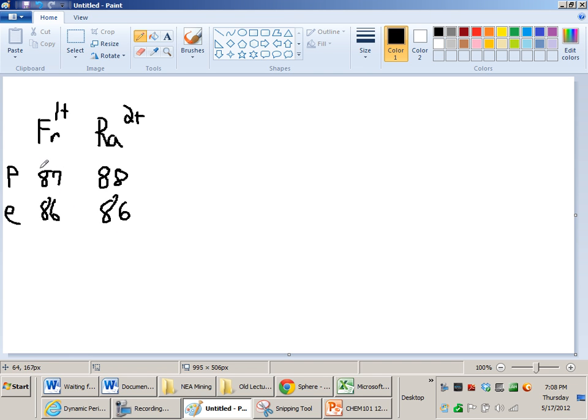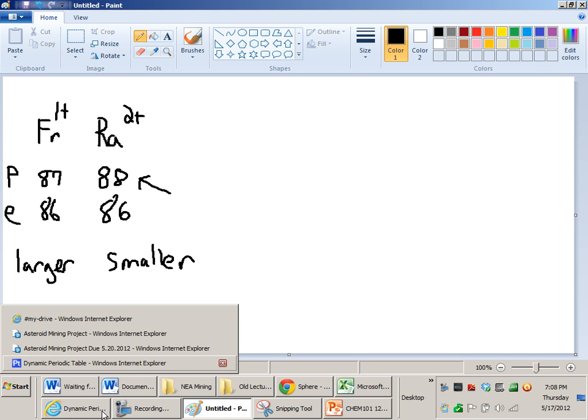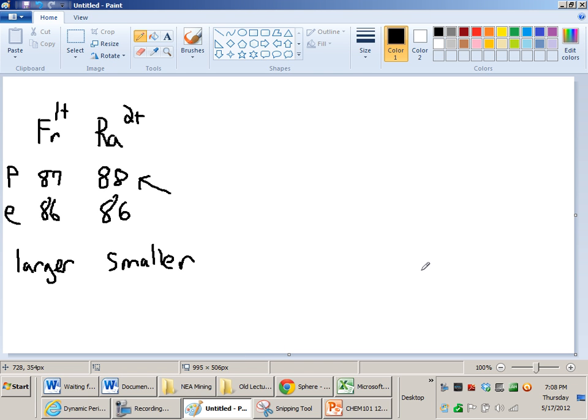The ones that have 87 positive charges or 88 positive charges to see? More positive charges, it's going to attract the electrons more. So this one's going to be smaller, and this one's going to be larger. So that's pretty straightforward, I think.